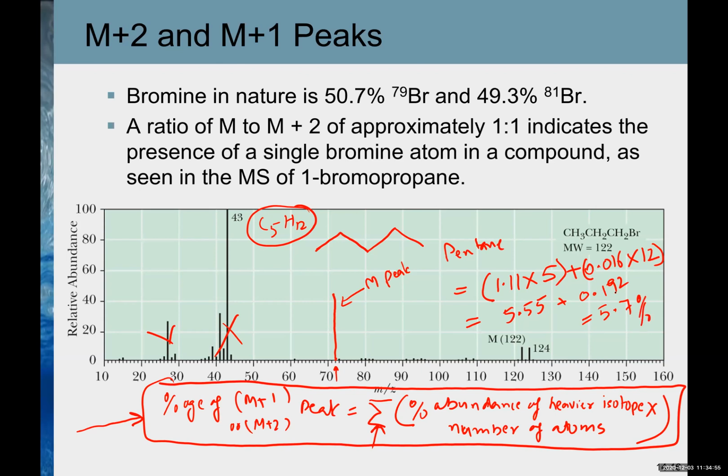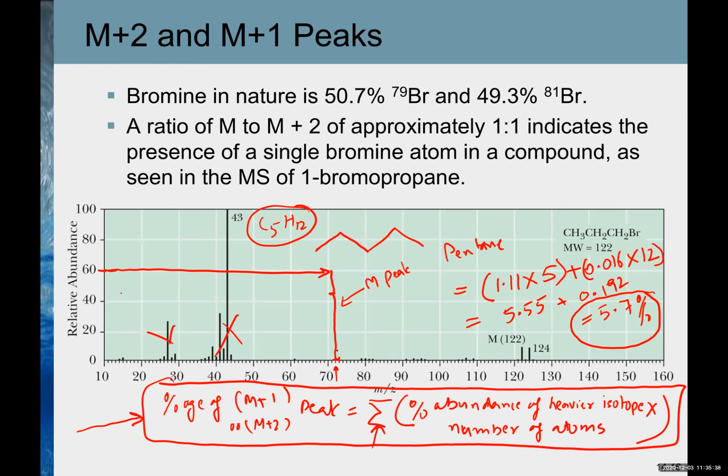So what will be the percentage of the M plus 1 peak compared to the M peak? About 6%, almost 6%, right? Let's make it easier on ourselves and make the molecular ion peak 60. If the molecular ion peak is 60, how big will the M plus 1 peak be? 6% of 60. So what is 6% of 60?